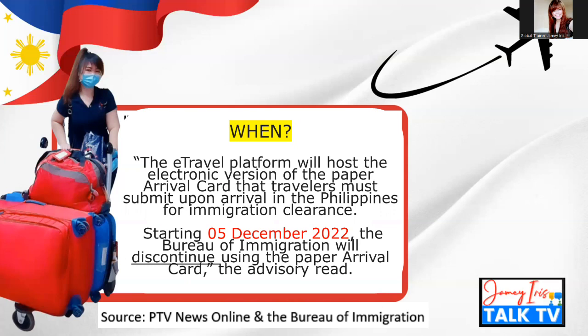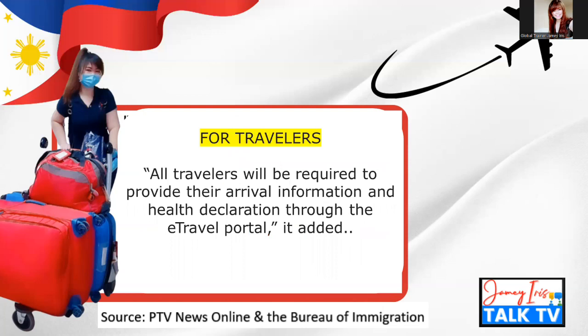And please remember, everyone, starting December 5, 2022, the Bureau of Immigration also will discontinue using the paper arrival card, the advisory had mentioned. Now, for all travelers, you will be required to provide your arrival information and health declaration through the e-travel portal. I'll discuss later to all of you what are the different steps and processes for the said form.